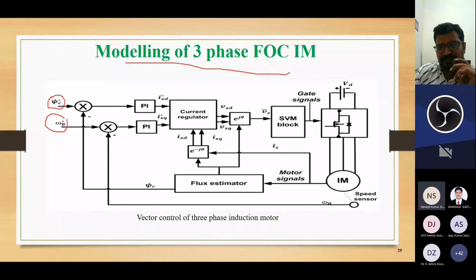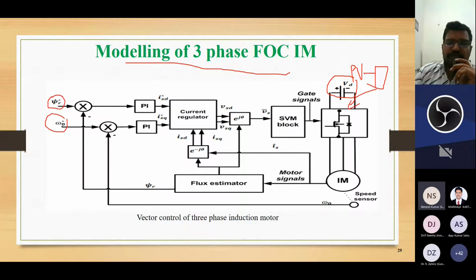Once you supply the DC voltage to the inverter module, the inverter module will give the AC. Here I have taken VD, but you can take it as PV power also. With the help of a DC-DC converter, we can feed it to this inverter, and that is fed to the induction motor. Once the induction motor is driven, we have to check whether it has achieved the desired speed or not.